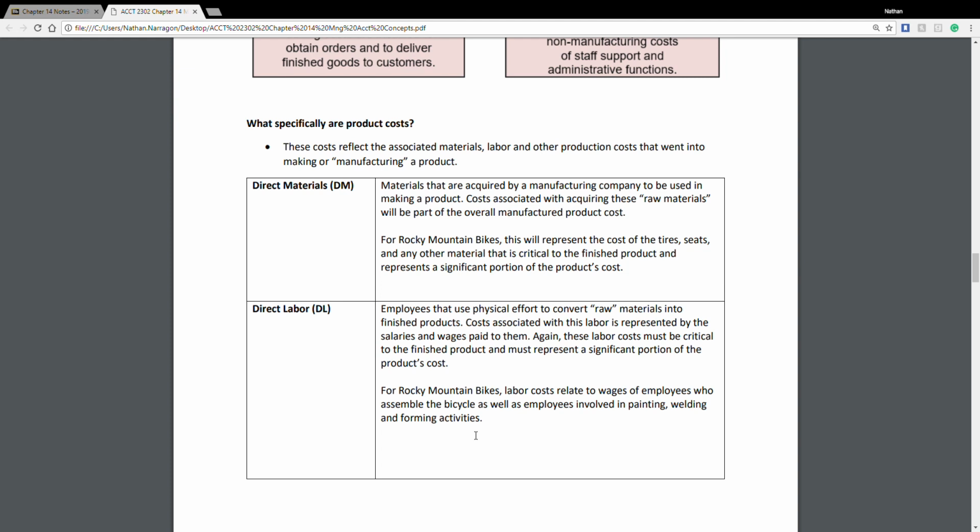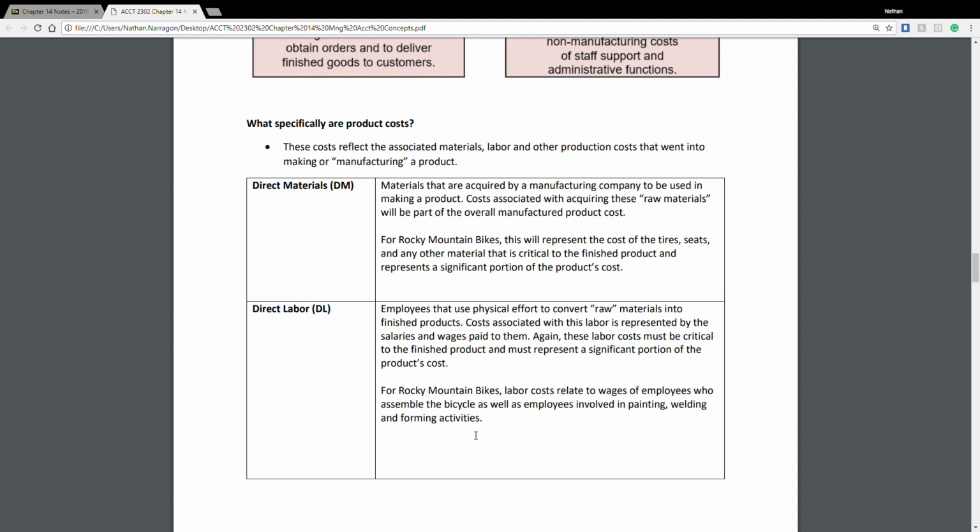For Rocky Mountain, these could include tires, seats, and other materials that are critical to the finished product. So the frame, the handlebars, the seat, but not the tassels. Sorry, tassels are probably not essential or critical to the bike. Not even the basket. I mean, you may argue, but some of those are not very critical. For the type of bike, maybe we can swing that way. But it's really any material that's going to be critical to finish the product.